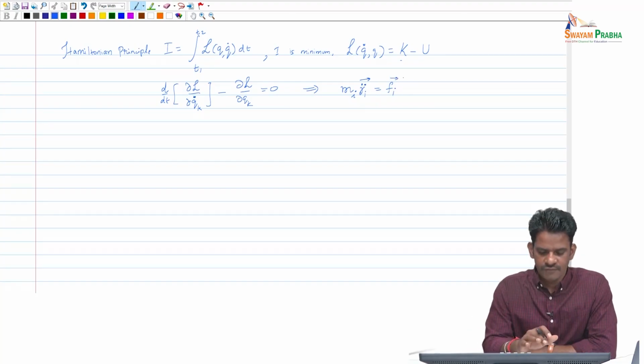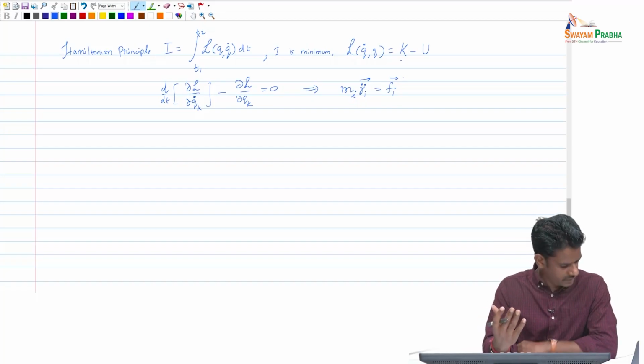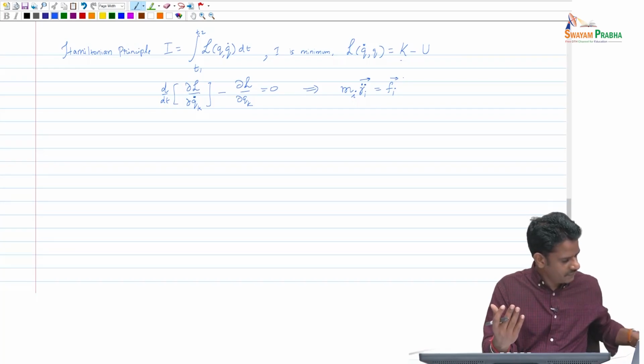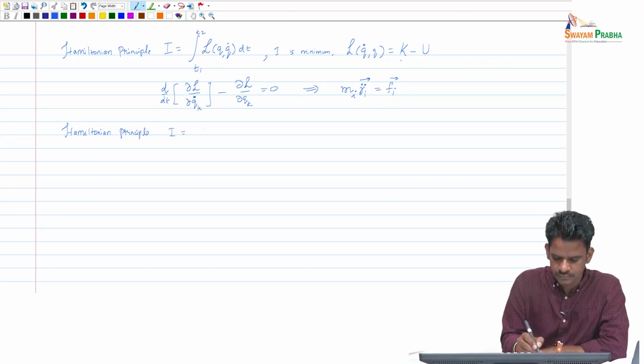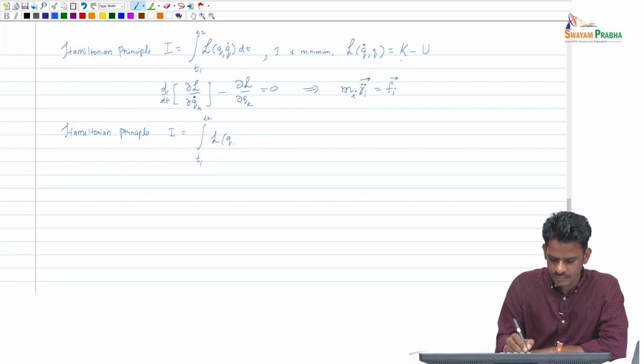So, now for deriving the equation of motion in the presence of a constraint, we follow a similar approach. We again start with the Hamiltonian principle, but some changes are being done here. So, we do the same thing from T1 to T2, and then we also add whatever number of constraints you have.